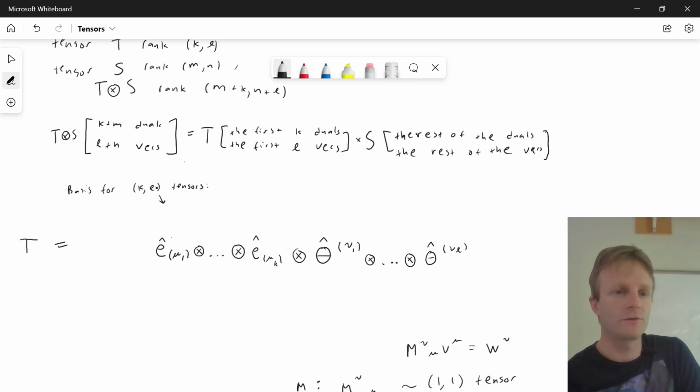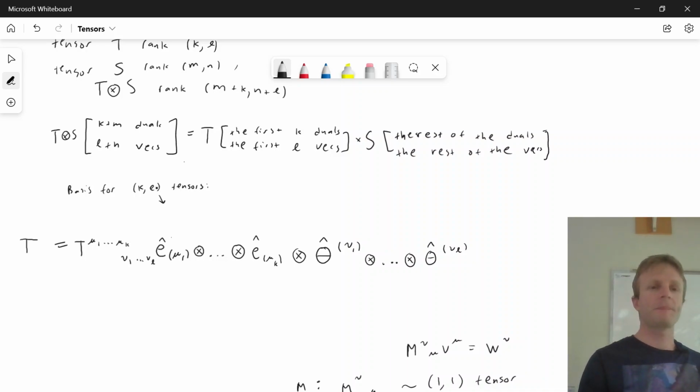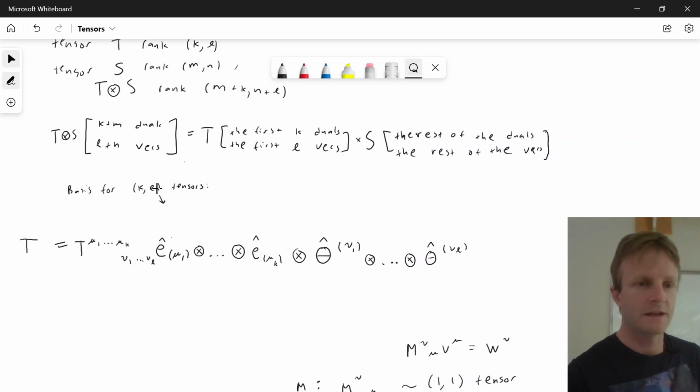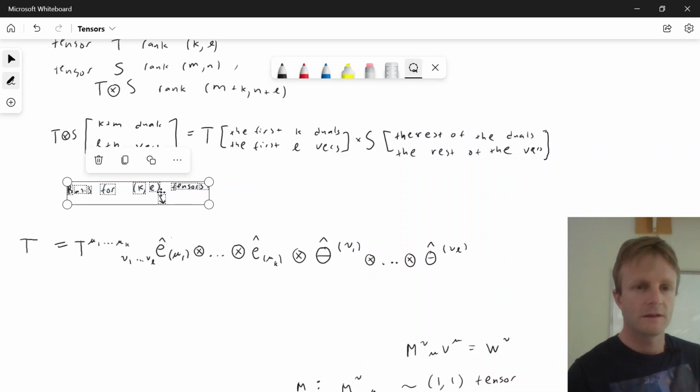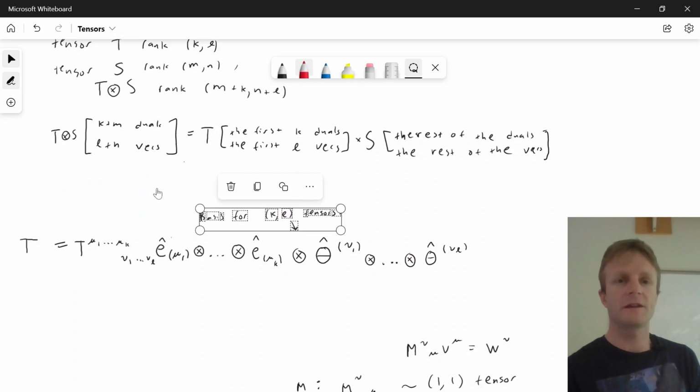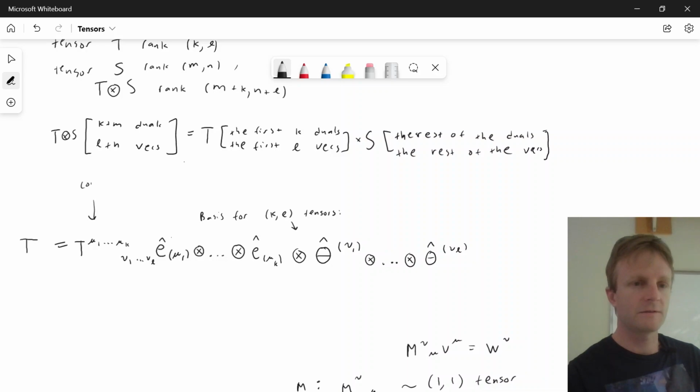And then in order to make my tensor T actually act linearly, all these things by definition are going to act linearly. Now I can just take linear combinations. So I write components T, I need upstairs mu 1 to mu K, and I need downstairs nu 1 to nu L. So the thing on the right are our basis elements for (K, L) tensors, and these are the components of the tensor, and this is the abstract tensor, right?